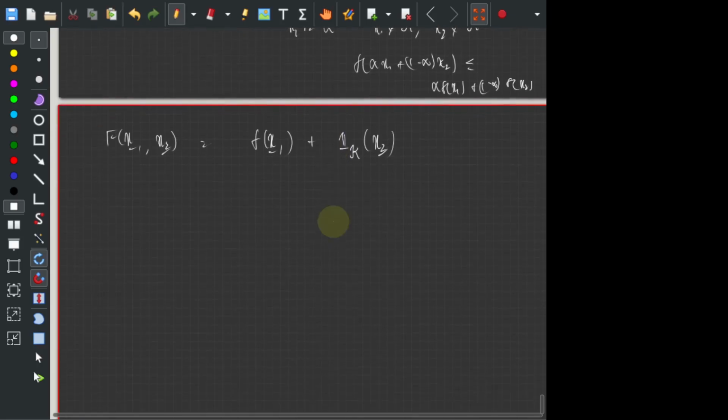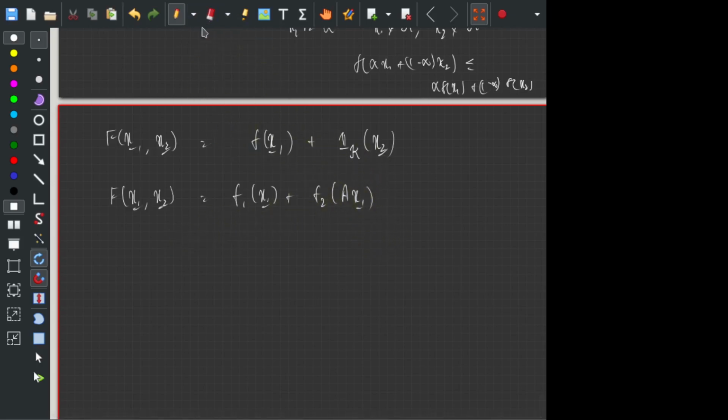And in fact, I'll generalize this a little further. So suppose that I have an arbitrary function f of x, which can be expressed as some f1 of x plus f2 of A times x, where both f1 and f2 are convex.